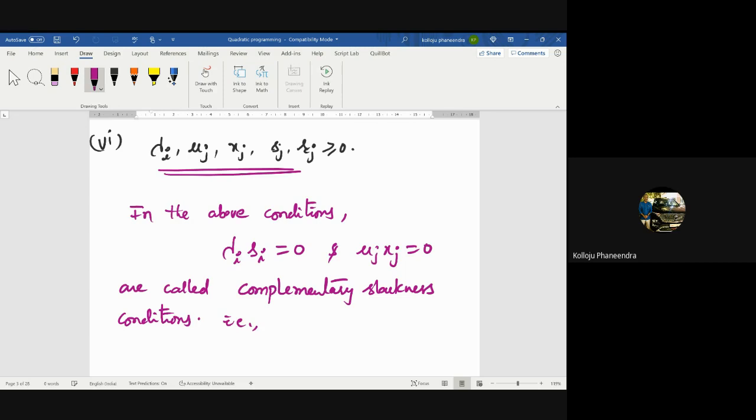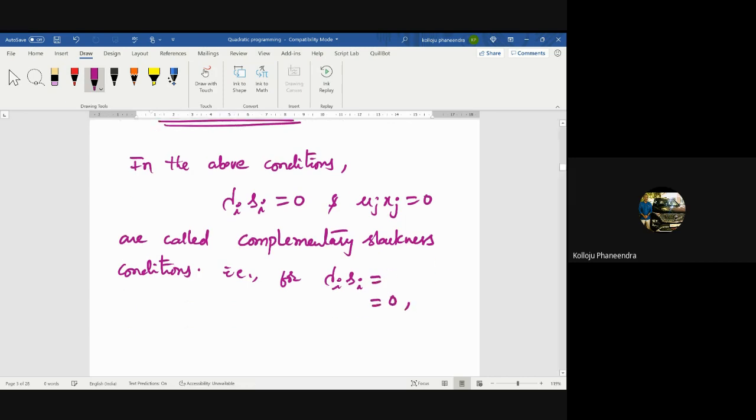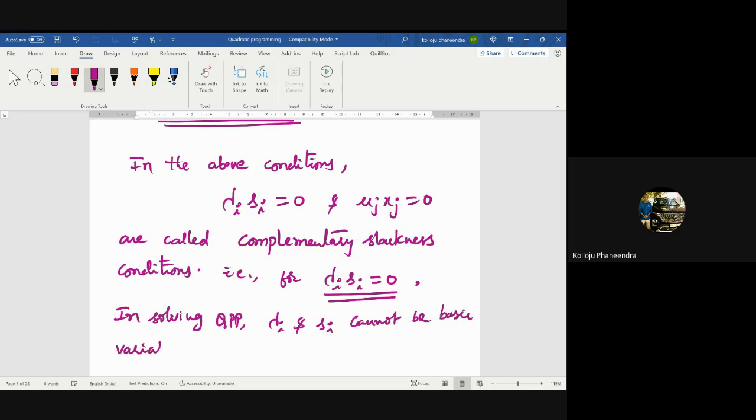What is the meaning of lambda I into Si equal to 0? In solving a QPP, lambda I and Si cannot both be basic variables at a time.